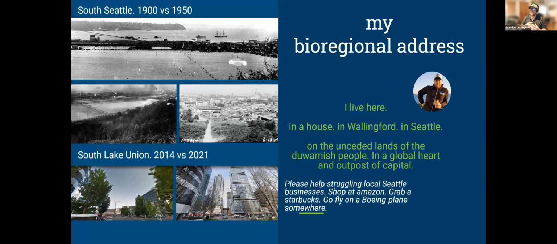David McCloskey talks about this as being an outpost for global capital, and kind of a colony of global capital. So really, one of our big challenges with bioregional mapping and bioregionalism in general, I think, is how do we combat that in a way that can help people connect into place.